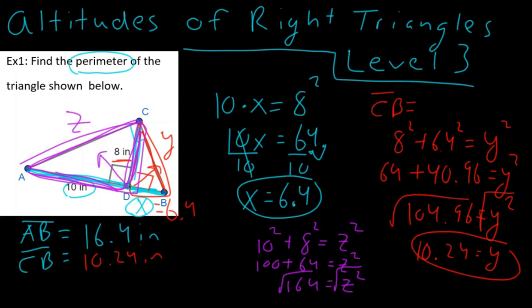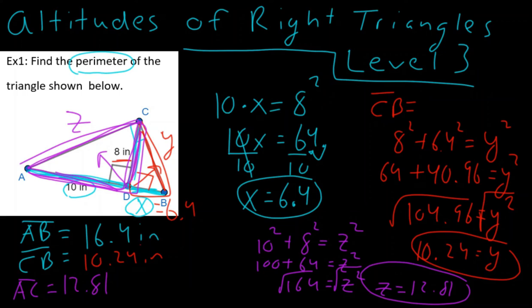So grabbing my calculator, let's see. The square root of 164 would be 12.81. And so we know that Z will equal 12.81. And so I'll come over here, and that was really side length AC, which will equal 12.81.